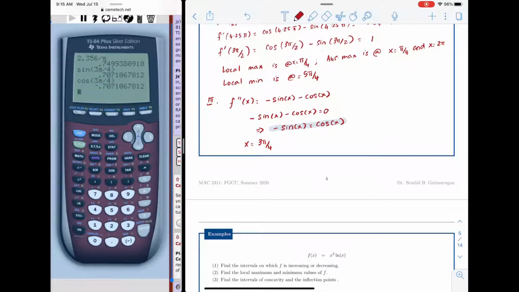Now, we actually saw another zero crossing. So let's go and graph and trace to get the next zero. So it's right over there, and I'm going to guess. I get 5.4977.